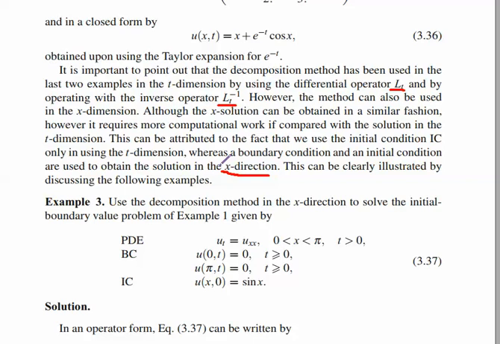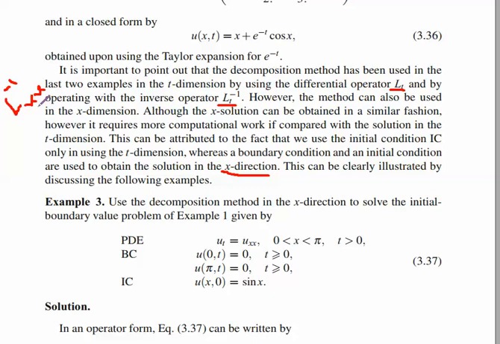The inverse linear operator for this differential operator in this example is L_x^(-1). Because this is a second order derivative, the linear term in the x variable is the second derivative.